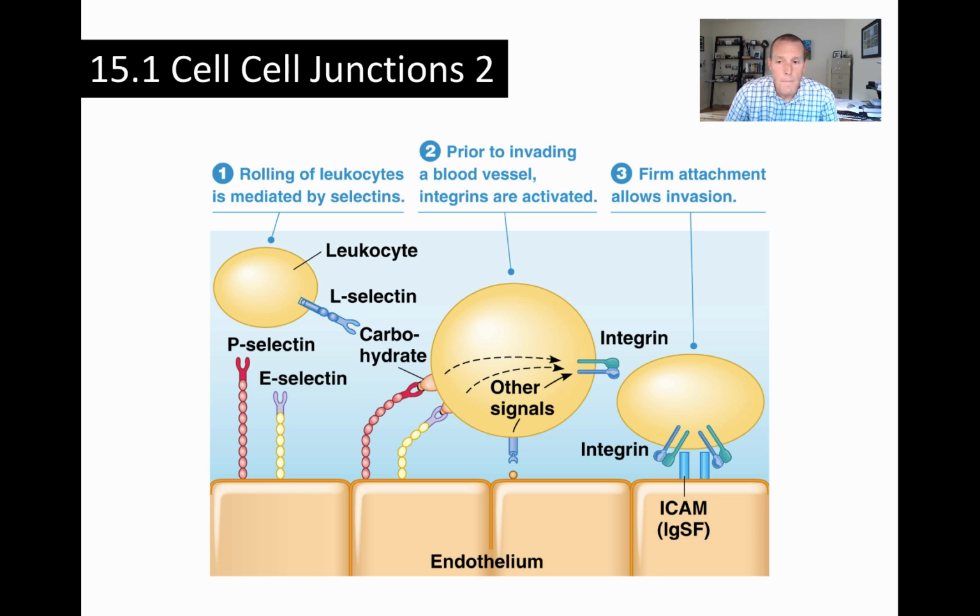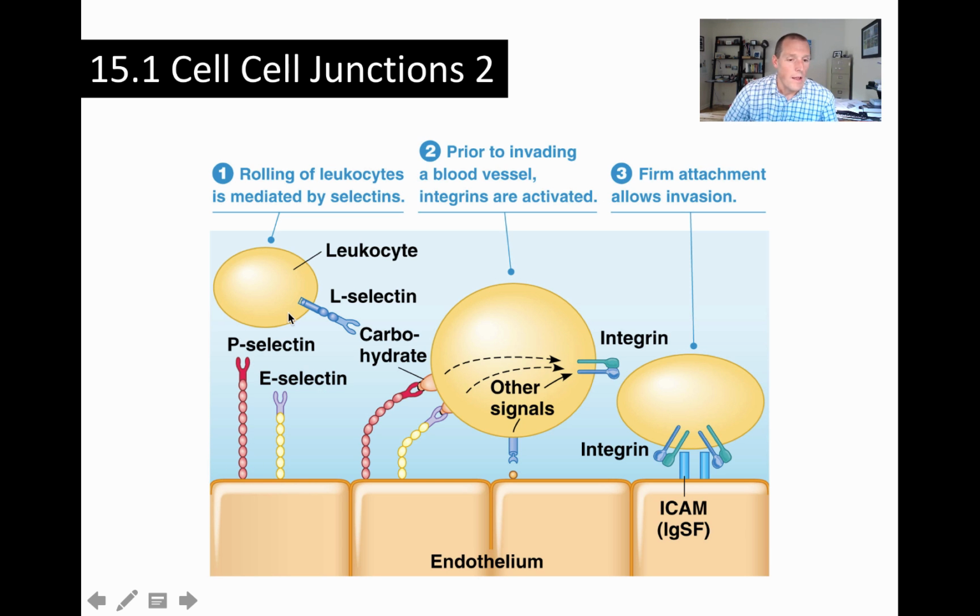What we've got going on here is that you have a leukocyte which is rolling and tumbling through the vasculature, and on the surface of leukocytes are L-selectins, L for leukocyte, and then we've got P-selectins and E-selectins on the surface of either endothelial cells, or in the case of P-selectins, platelets, but let's just think about E-selectins here.